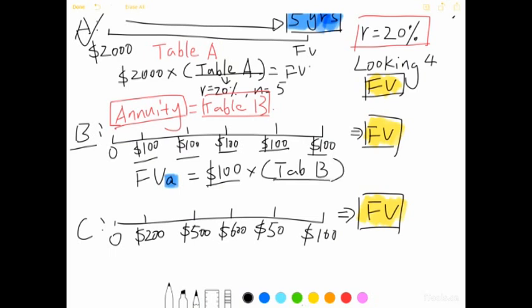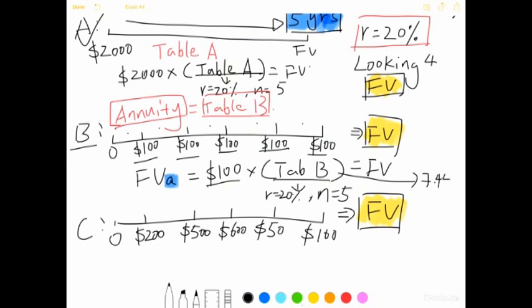For the table B factor, you substitute R equals 20% and N equals 5 periods. When you find the table B factor on your table B and multiply it by your period payment, which is $100, you should be able to get all of them added up together, which is the future value.